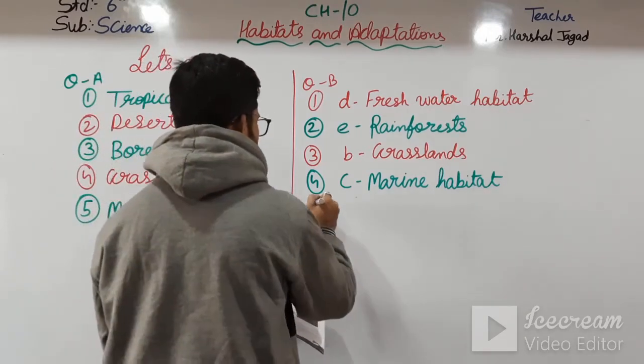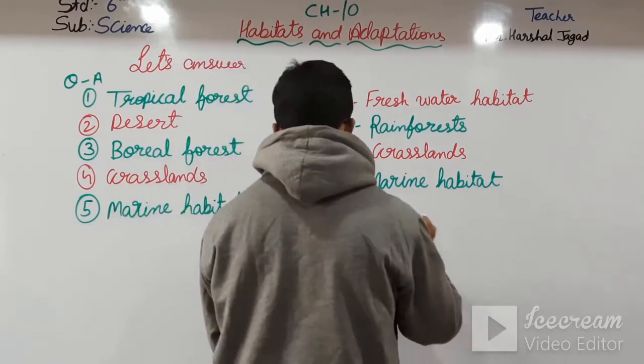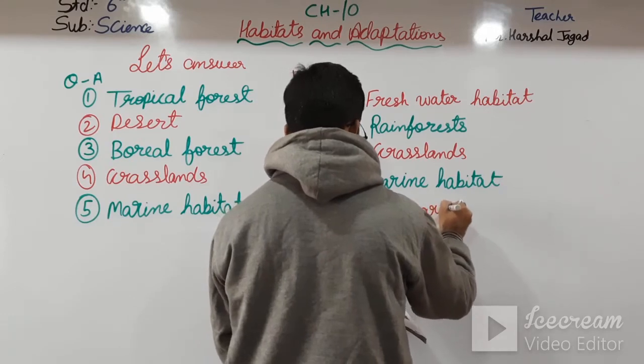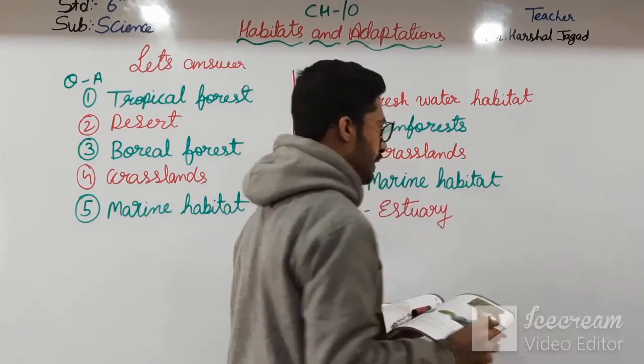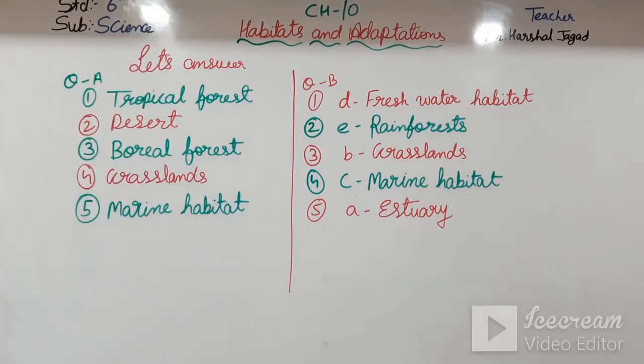And the last remaining one, that is A, estuary. So these are the answers. Please note them down and we will move further, students.